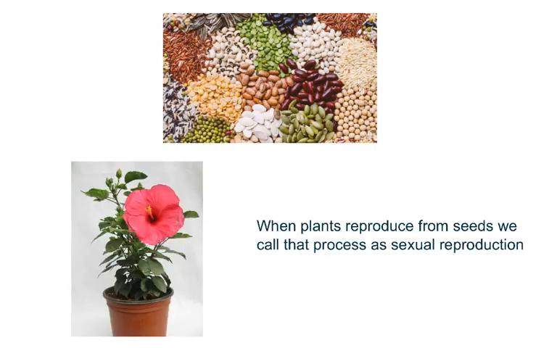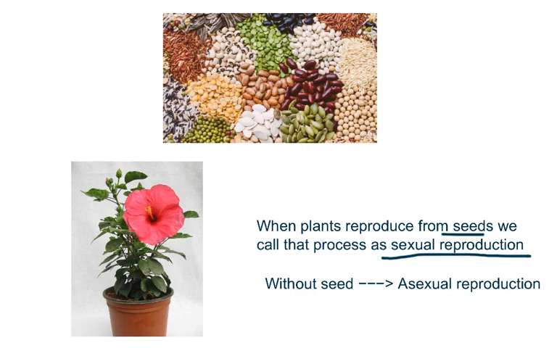When plants reproduce from seeds, we call that process sexual reproduction. So, sexual reproduction means plants produce their young ones only from seeds, not by any other means.